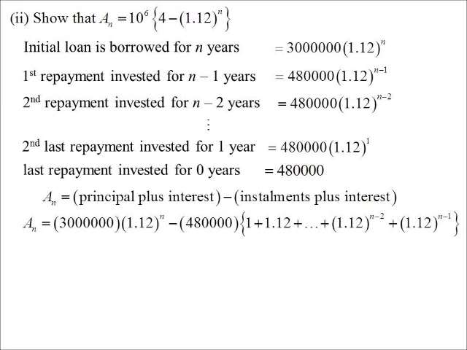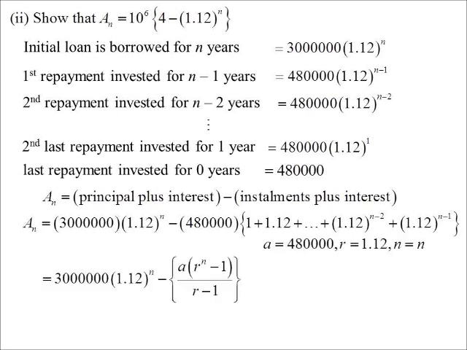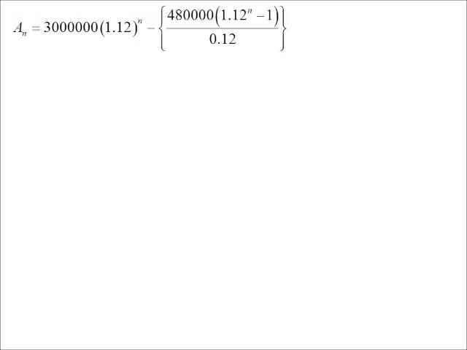Subbing in, we need to show this expression up the top. Well, we're going to need to use our sum to N terms for the part over here. So first term 480,000. Sub it in. Now, amazingly, something really nice happens here. 480,000 divided by 0.12. Oh, what do you know? That's just 4 million.